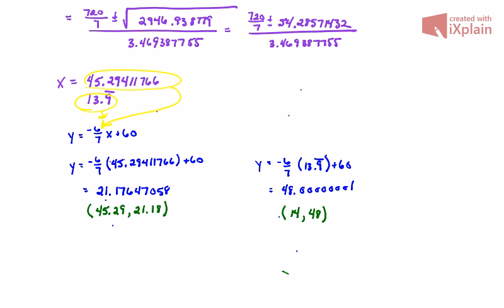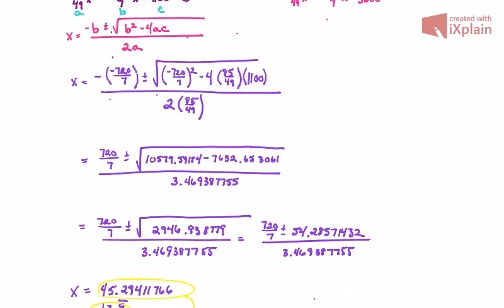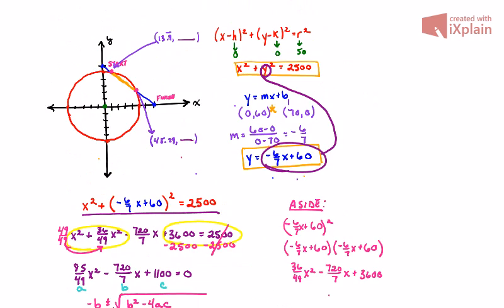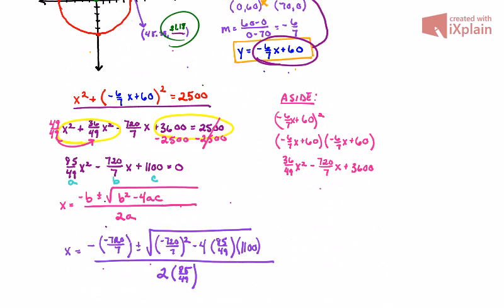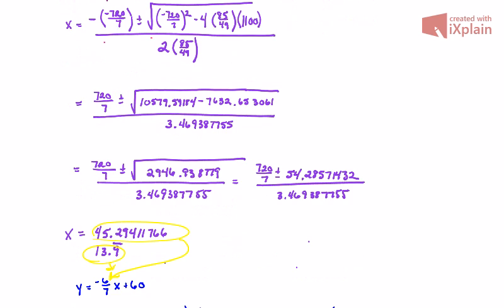Let me scroll all the way back up. I can go ahead and drop these two values in here. If I have these two coordinate points, then I can go ahead now and find this distance.